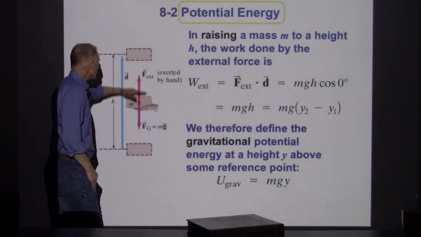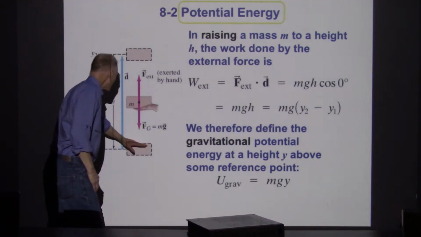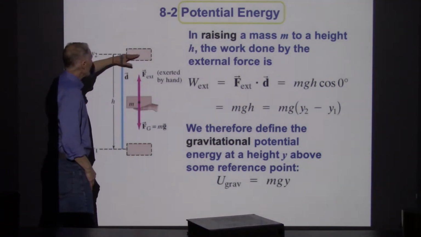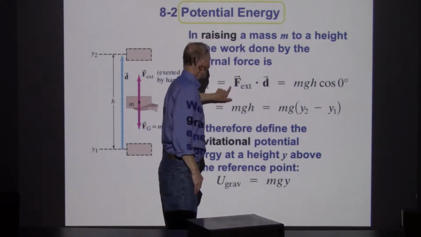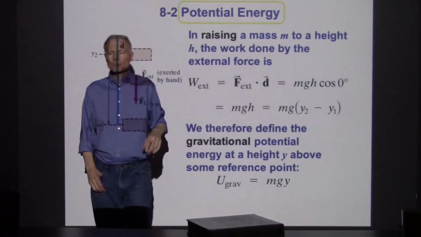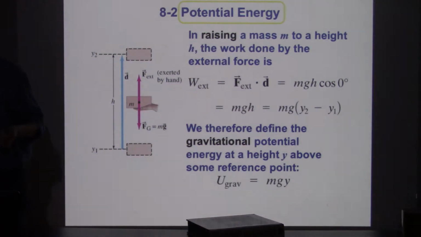but what we just said was I don't have to lift this vertically. I could lift this along a different path. If I lift it along a different path, I'm going to have to carry out an integration of the force, integrated over that particular path.